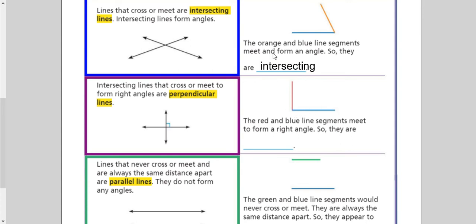Instead of having this shape go all the way out, all we're going to do is stop it at an endpoint right there. And so what we have right here is they form perpendicular lines. Perpendicular, 90 degrees.